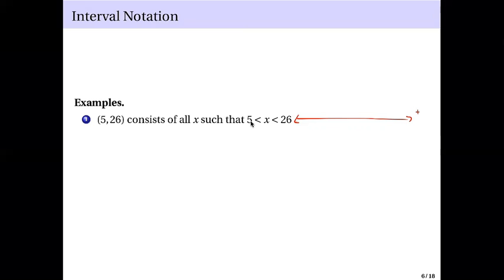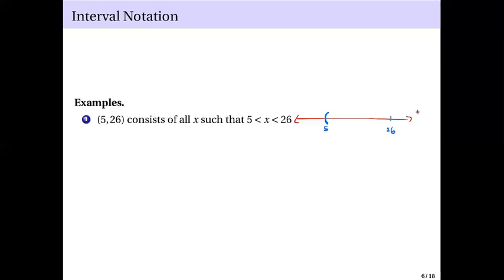For example, in here you have 5 and 26. And say this is your 5 here, and just say this is your 26. Okay? And then we want this interval. So we have open, okay, open.